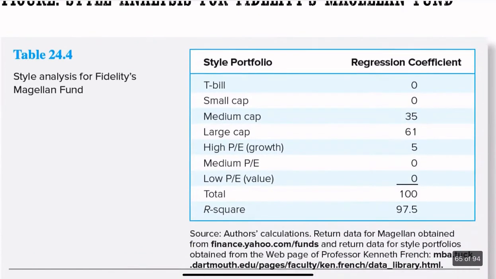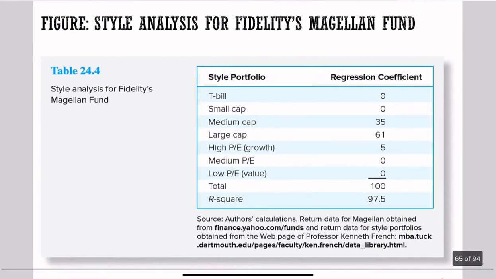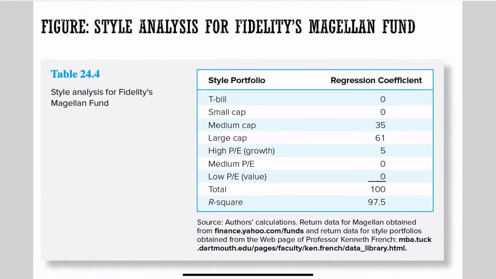Okay, so let's look at this example here. Now we are looking at a Fidelity fund, a mutual fund, and we try to do some style analysis on it. You can see that here we have these style portfolios: T-bill, small cap, medium cap, large cap, growth, medium PE, low PE, value.